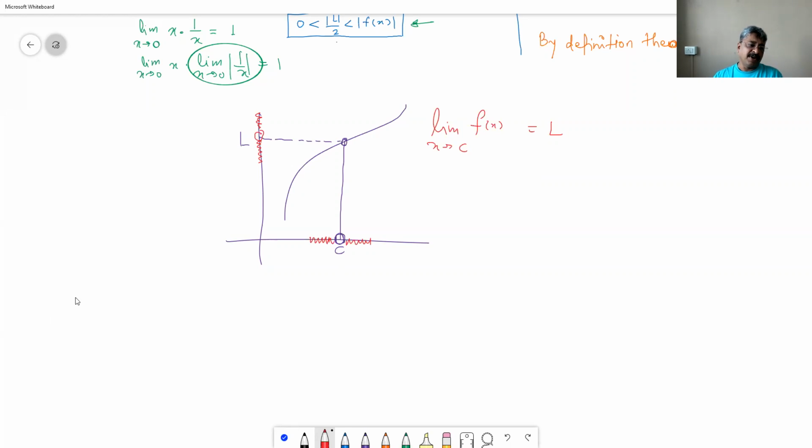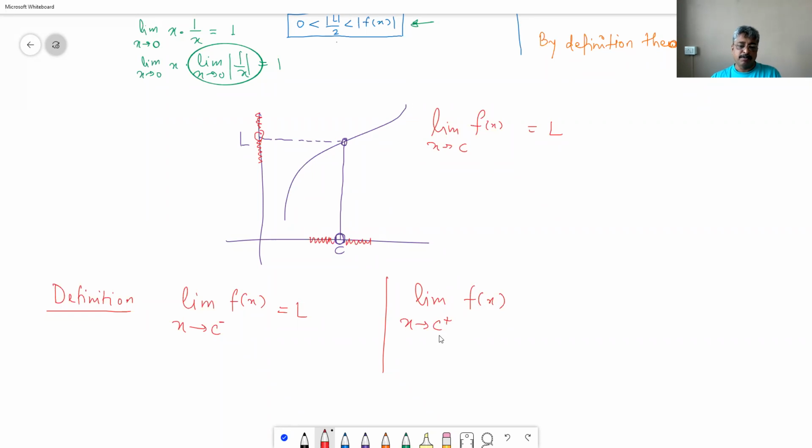So let us define it. I want to define what I mean by limit f of x as x tends to C from the negative side, from the left, is equal to L, and limit f of x as x tends to C plus, that is from the positive side, is equal to L.